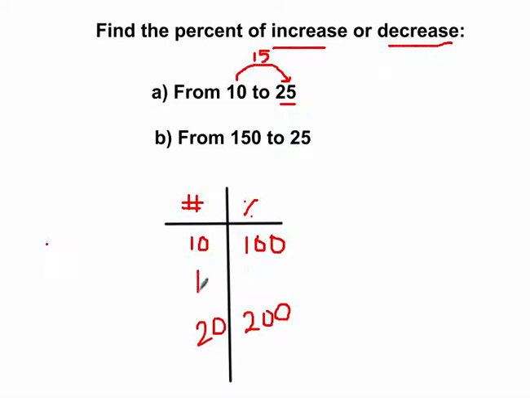So if we increase by 15, right now you probably got the idea, that's 150%. But we can think to go from 10 to 15, it's like multiplying by 1.5. And that would also correspond here to 150% times 1.5. So from 10 to 25 is an increase of 150%.